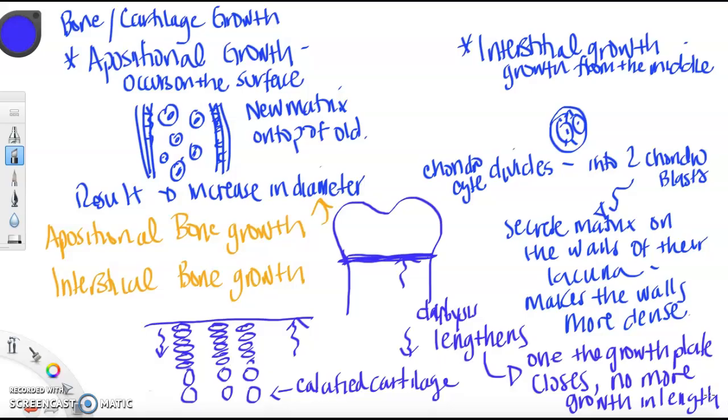Once your growth plates close, you're as tall as you are, and that's all you're going to be. So interstitial bone growth, they call it that, but it's really more like endochondral ossification, whereas appositional bone growth is basically just like appositional cartilage growth.